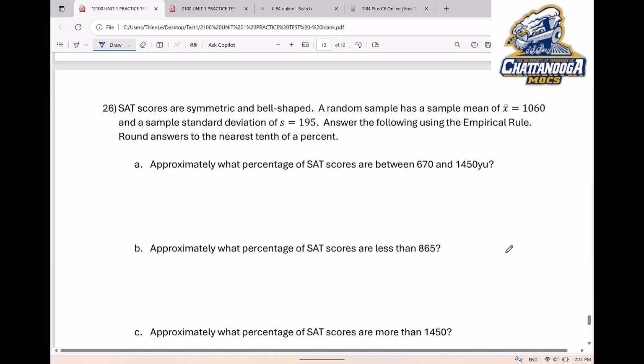Approximately what percent of SAT scores are between 670 and 1450? Again, you need to know how far 670 is from the mean in terms of standard deviations, right? In other words, you need to calculate the z-score. So 670 subtract 1060, divided by 195.